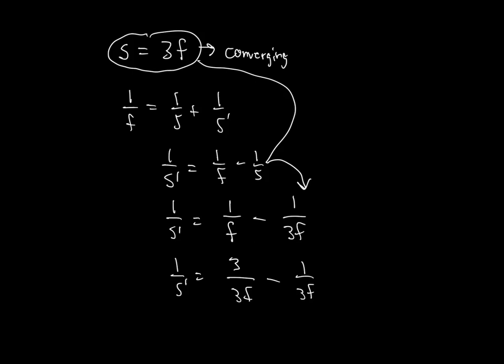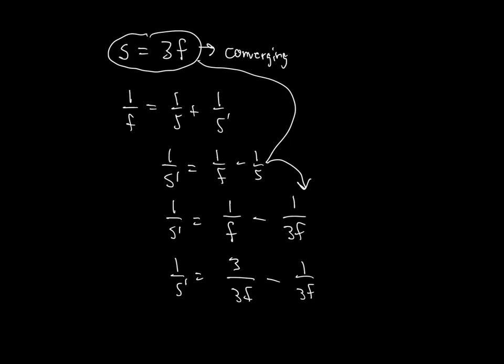What did I do there? I multiplied by 3 so I can get a common denominator. I can't just subtract 1 over F minus 1 over 3F. Subtraction of fractions needs a common denominator. This goes way back, like elementary school, middle school. So I have 3 over 3F minus 1 over 3F.